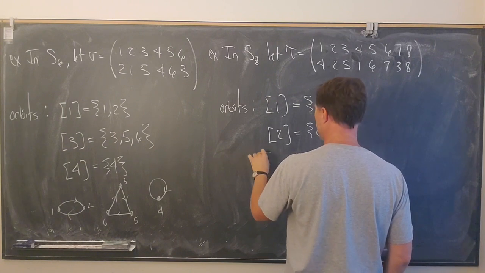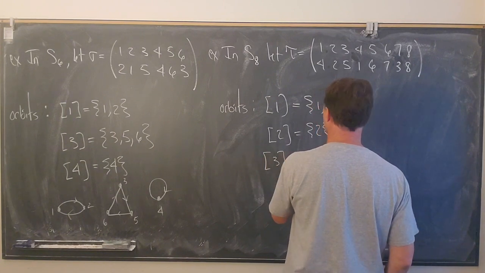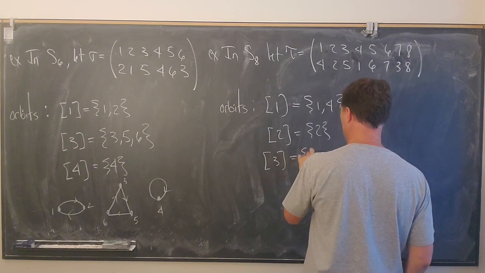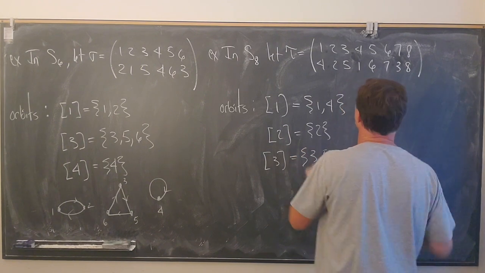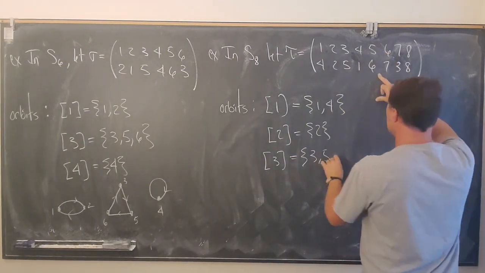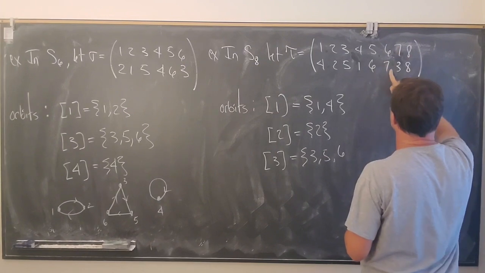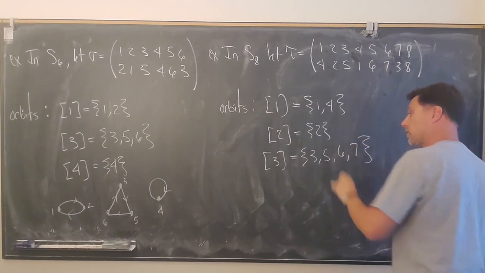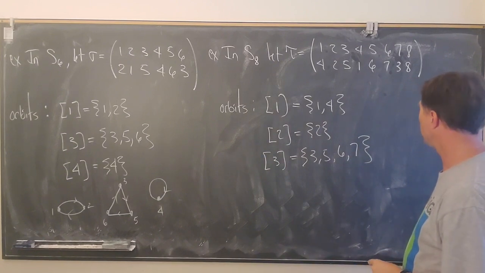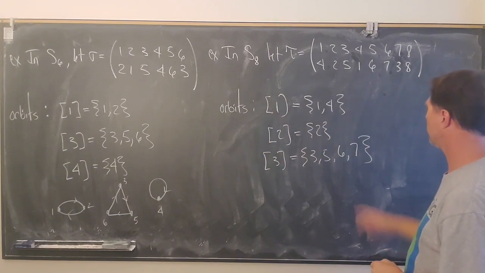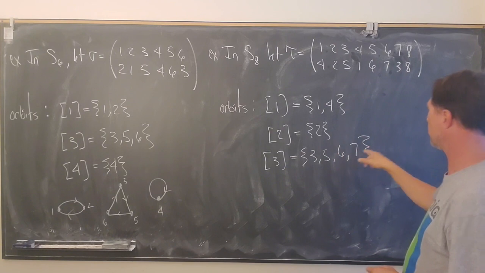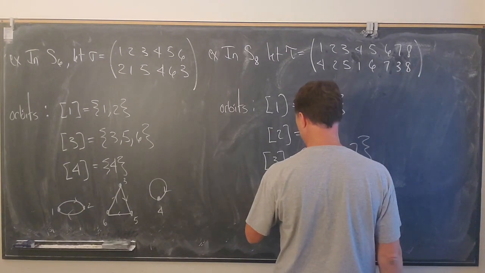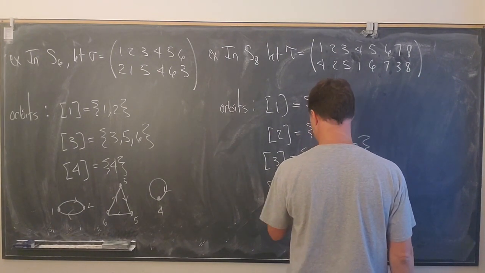So then the orbit of 3 goes to 5, 5 goes to 6, 6 goes to 7, 7 goes back to 3, so there's the orbit of 3. Who's left? 1, 2, 3, 4, 5, 6, 7, oh, just 8. Okay, and the orbit of 8 is just 8.